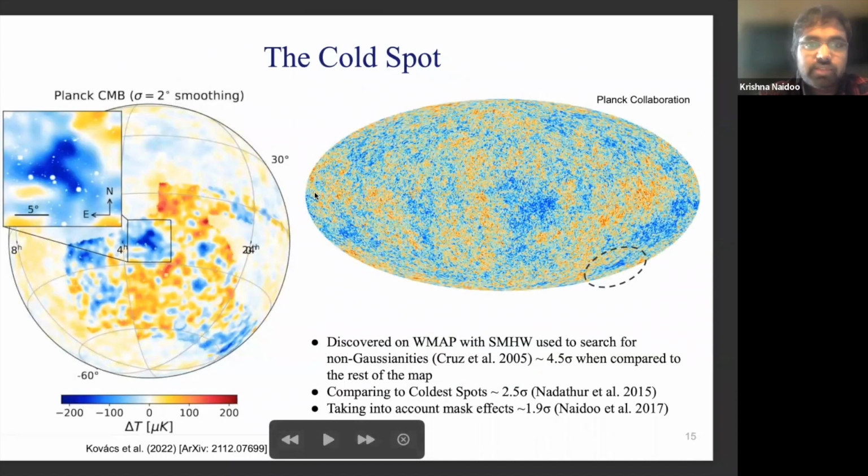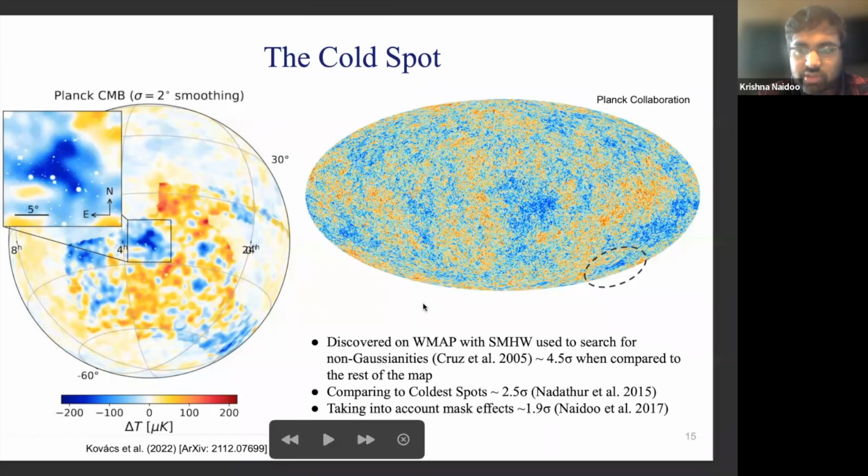Okay, so related to this problem is the cold spot. This is an anomaly which was found in the CMB, originally on WMAP, using something called a spherical Mexican hat wavelet. And it was used to search for non-Gaussianities.